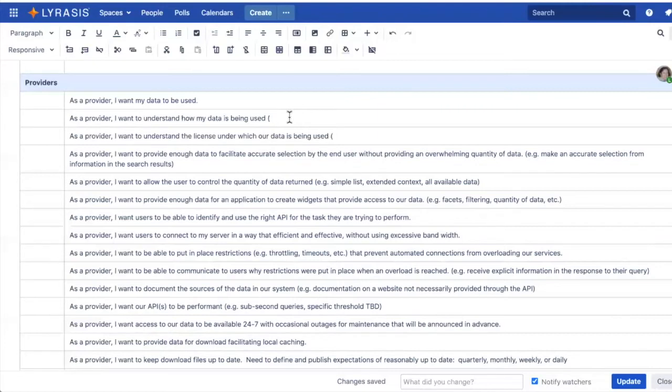So I'm not really sure that the people who make our data available publicly, I think the idea is that you can access our data however you can access it, and that's going to be the way it is.